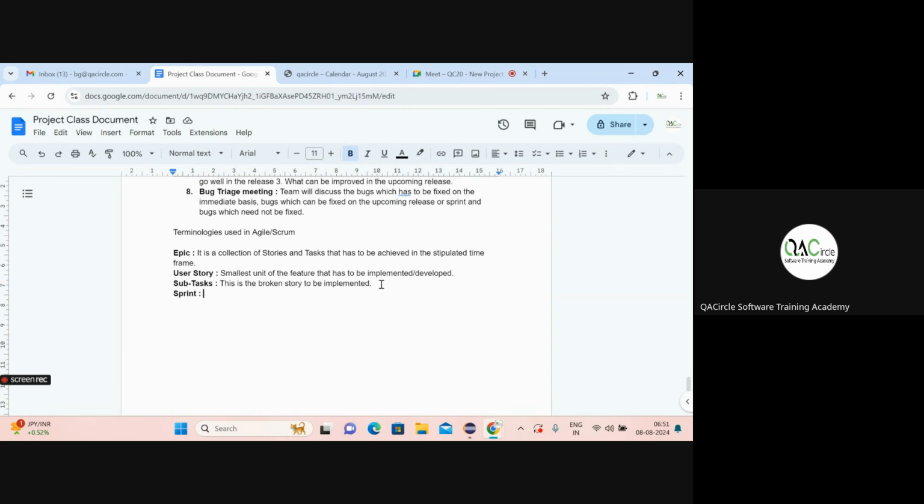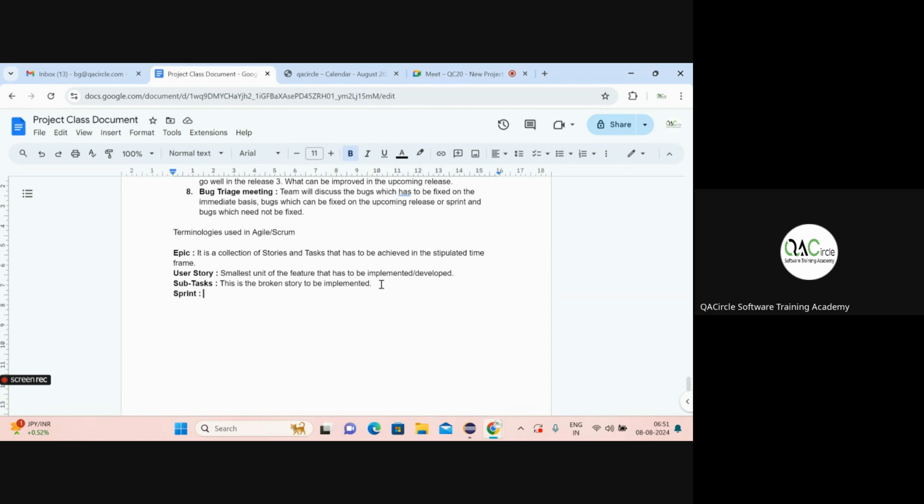And what is a sprint? I will say a sprint is a commitment by the engineers, the developers or the test engineers, in order to achieve the user stories and the subtasks or tasks in a particular sprint.